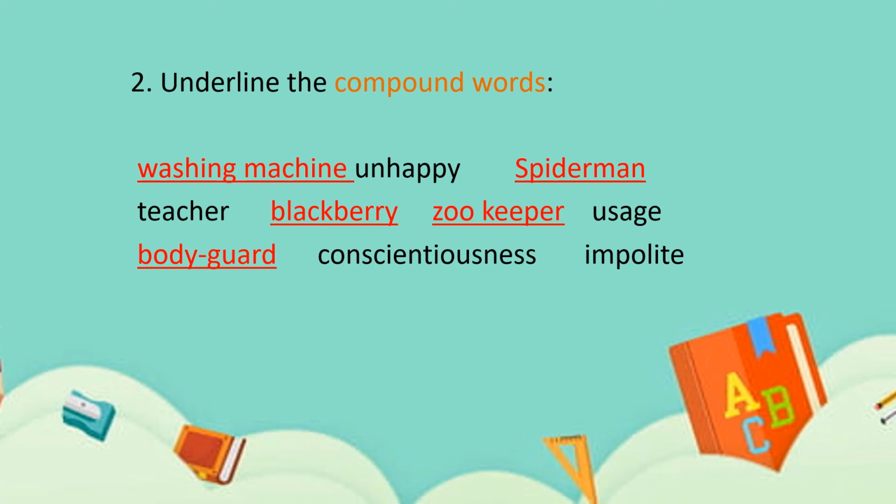Unhappy has a prefix. Why? Because it has the two letters UN at the front of the word happy. So it's not a compound. Spider-Man has two separated words, which is spider and man. So Spider-Man, of course, it's a compound.